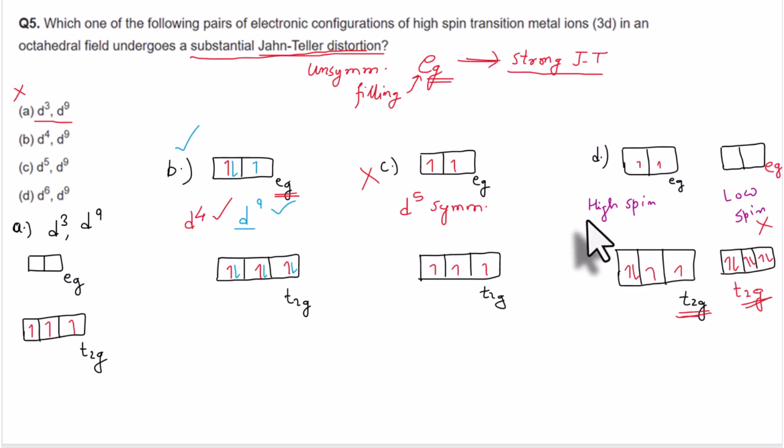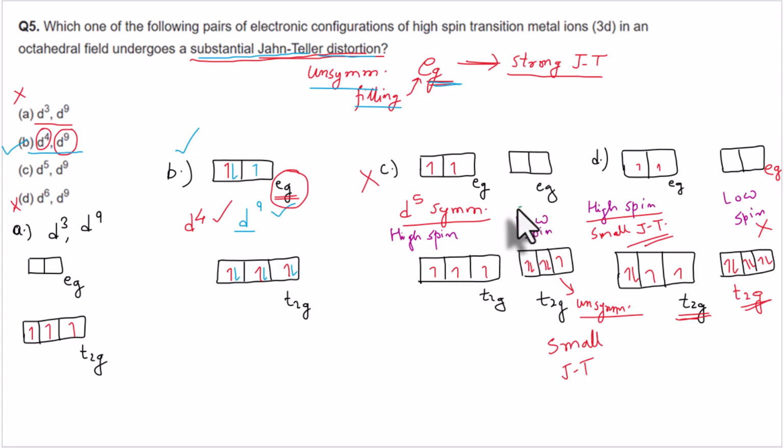Here the high spin d6 configuration can show Jahn-Teller distortion, but not to a significant amount. So it will be only a very slight JT distortion, not a significant one. So the d6 and d9 option is also not correct. What about what we just did, d5, d9? Okay, in all these cases d9 will exhibit Jahn-Teller distortion.